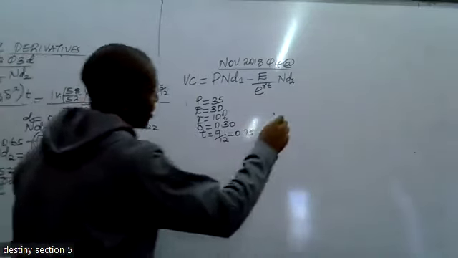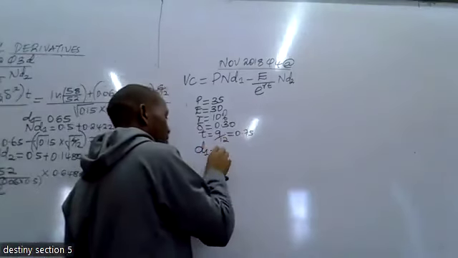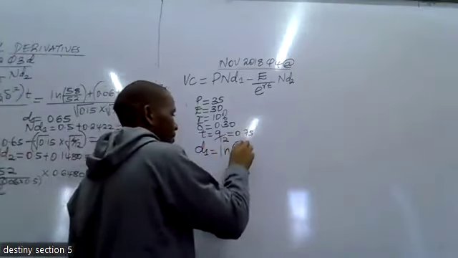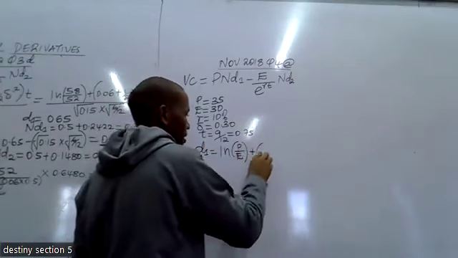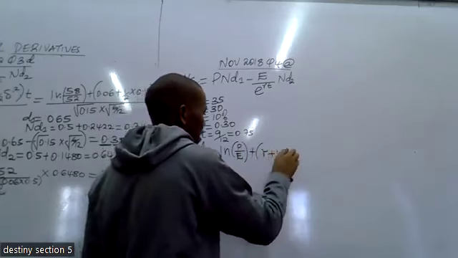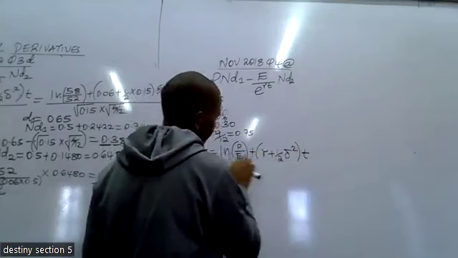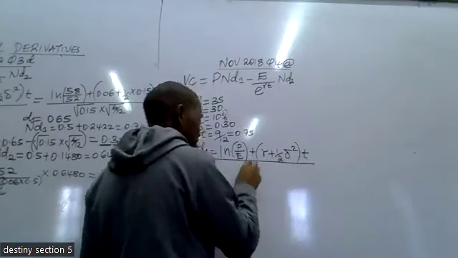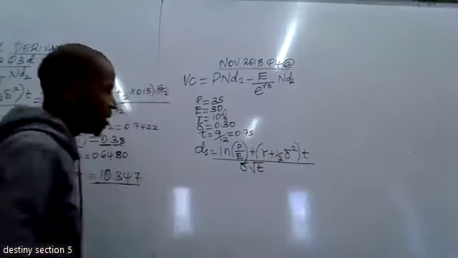So let's begin with now getting D1. D1, we've seen this: ln of price over the exercise price, plus variance, then T. Then you get the standard deviation, square root of T, right?